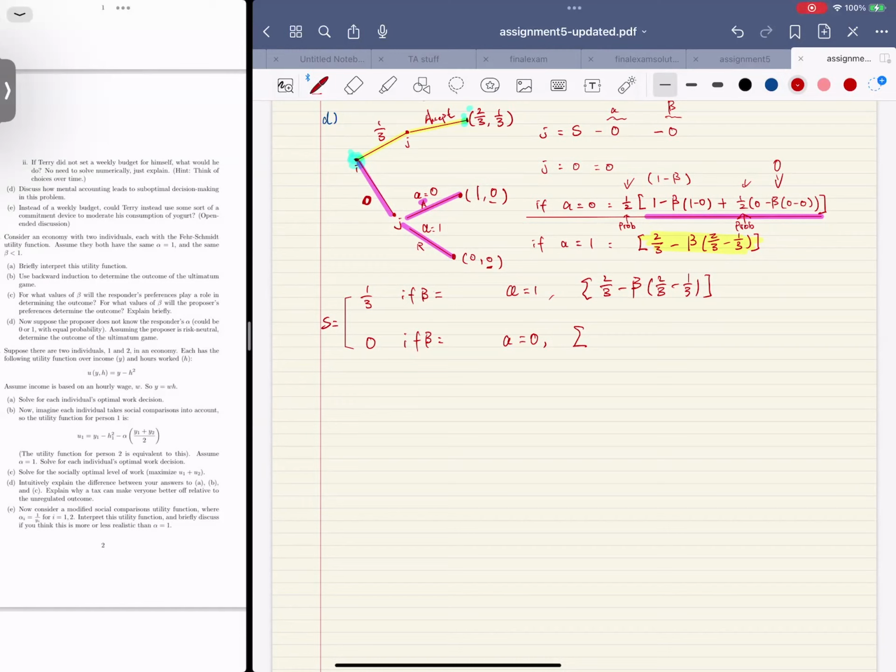So if we have 0, we have 1 minus beta of 1 minus 0. And we have another case, which is 0 minus beta of 0 minus 0. Right?